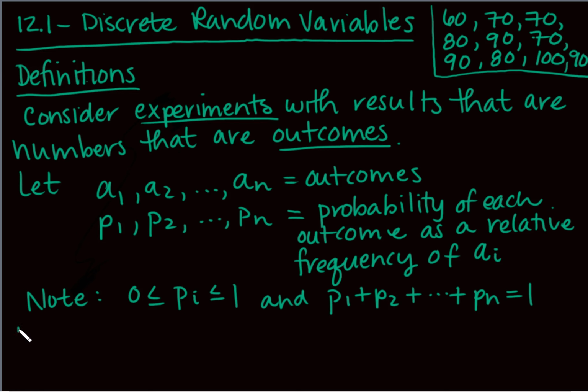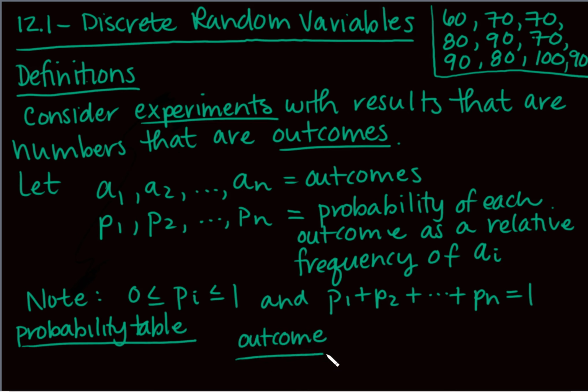And then our probability table, or our relative frequency table, but we're going to say probability table. How we do this, we would have the outcome on top and then the relative frequency, which we're now going to call the probability. So I have this A1, what is the probability that's going to occur?